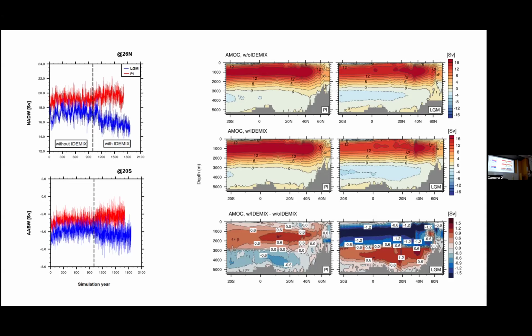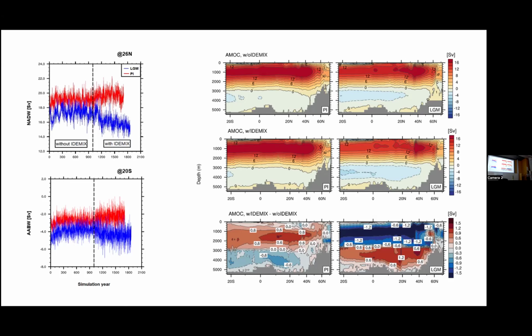For the Antarctic bottom water, it's going in the same direction, it's increasing. No, sorry, this is the opposite sign. So it's slightly decreasing for PI and increasing for LGM because these are just the sign of the circulation. So 6 is more than 4.